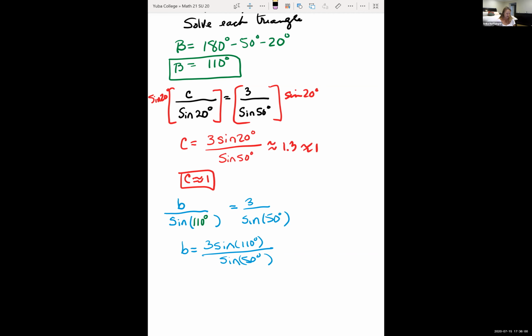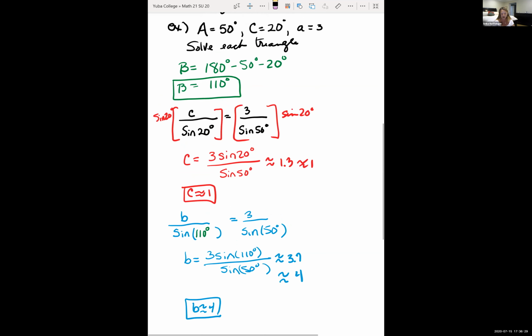So 3 sine 110, all divided by sine of 50. That gives us approximately 3.68. Or if I round to the nearest whole, 4. So given the information, we found the triangle.